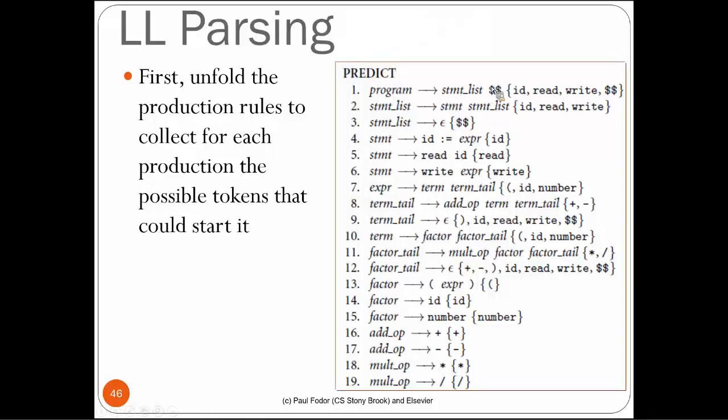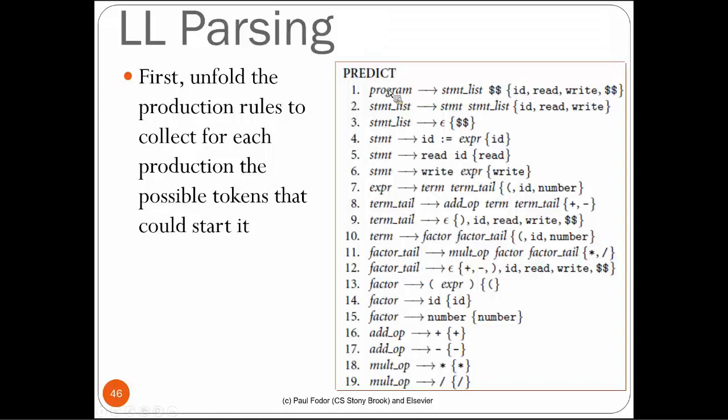In which case, if the statement list is epsilon, the empty string, then a program could start with the end of file symbol. But a program could also start with a statement. And the statement could start with an ID, could start with a read statement, and could start with a write statement.